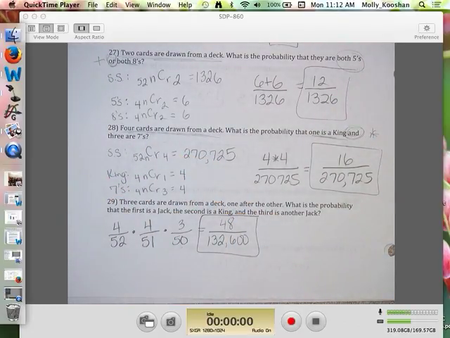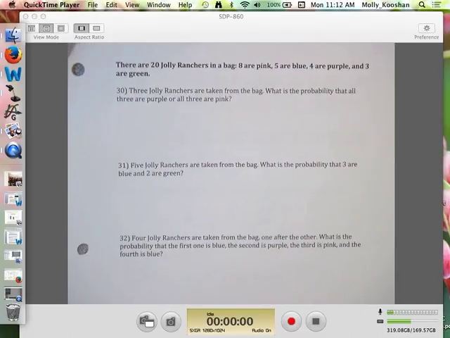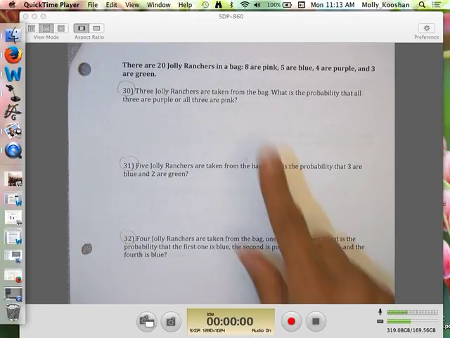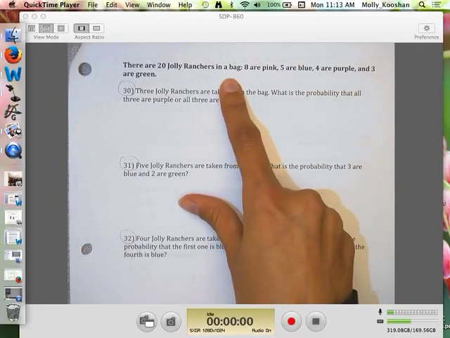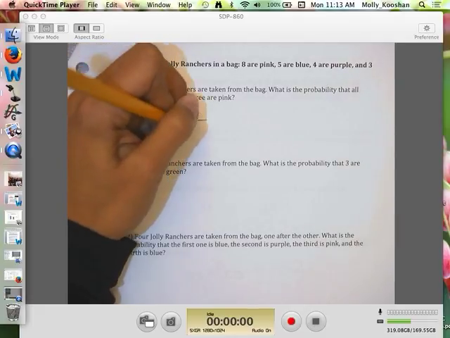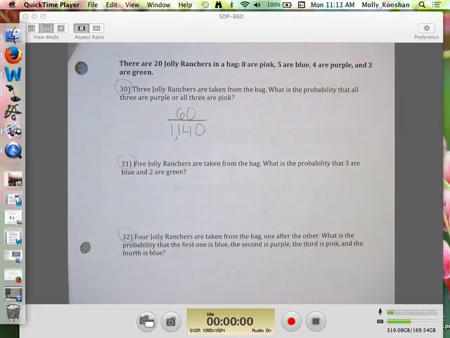Okay, so I'd like you to pause now and try the last 3 problems, 30, 31, and 32. All 3 problems, you're going to use this information up here. Okay, number 30, you should get 60 out of 1,140.